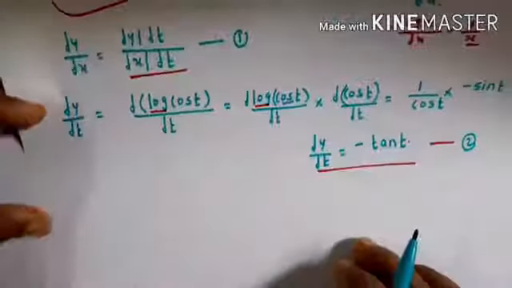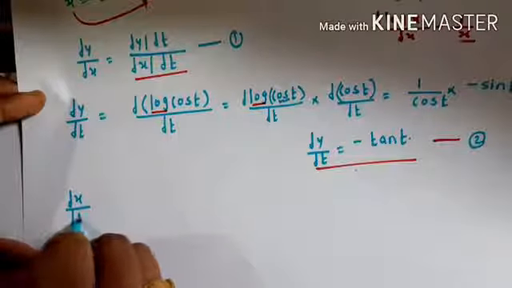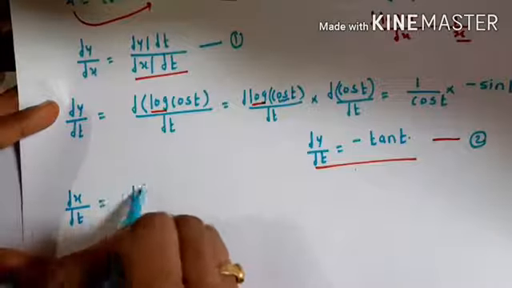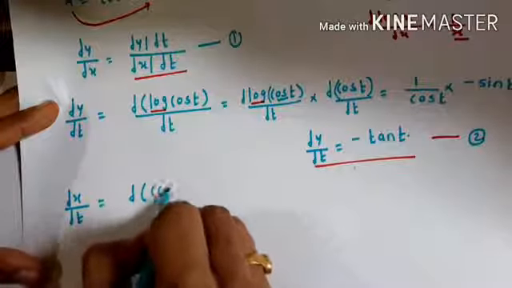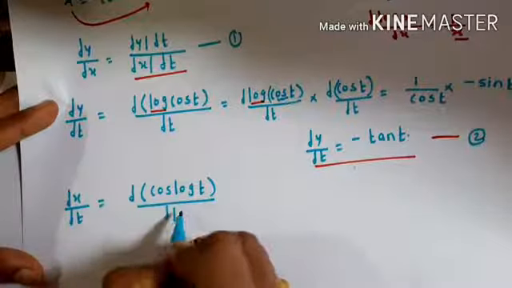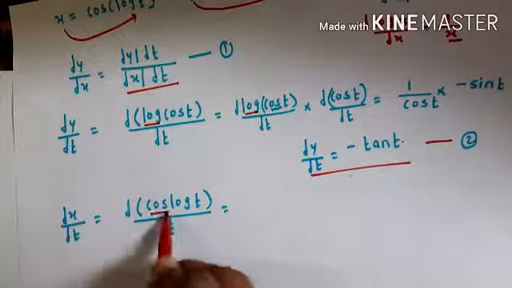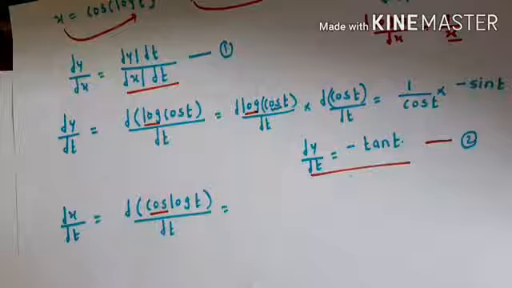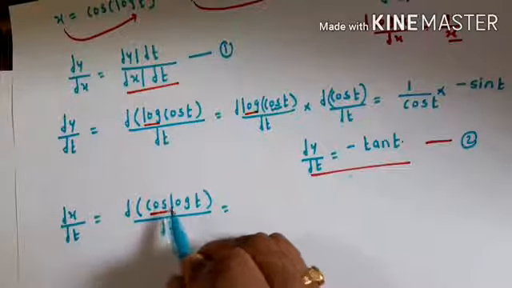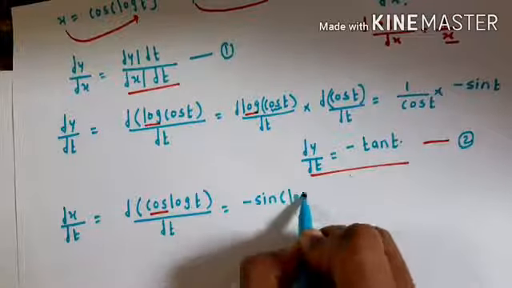Now dx by dt means differentiation of x with respect to t. What is x? x is cos of log of t. First differentiate according to the cos rule. The differentiation of cos is minus sine, and therefore the differentiation of cos of log of t is minus sine of log of t.